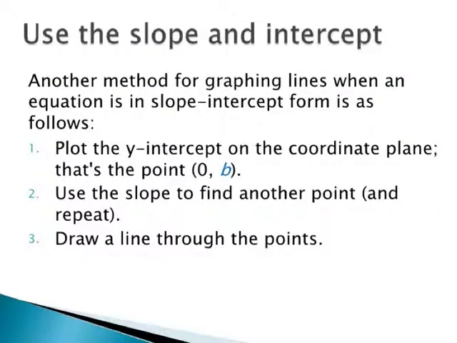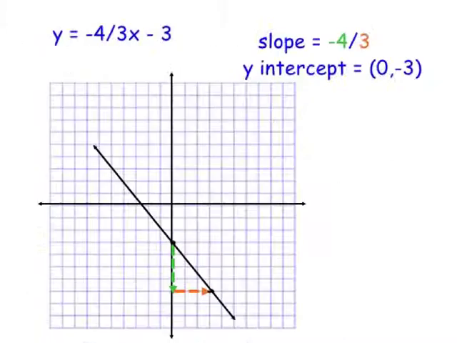All right, the second portion of the lesson is using the slope and the y-intercept. That's another way to graph lines. Plot the y-intercept where it intercepts y, then use the slope to find another point and repeat, and then draw a line through the points.